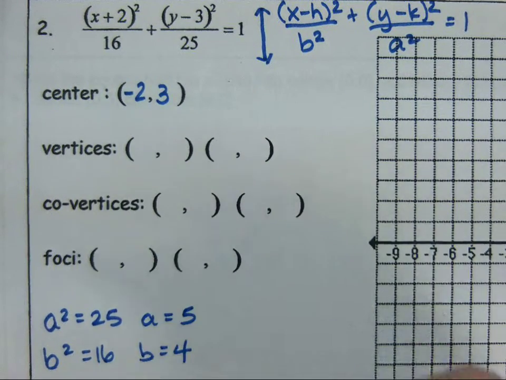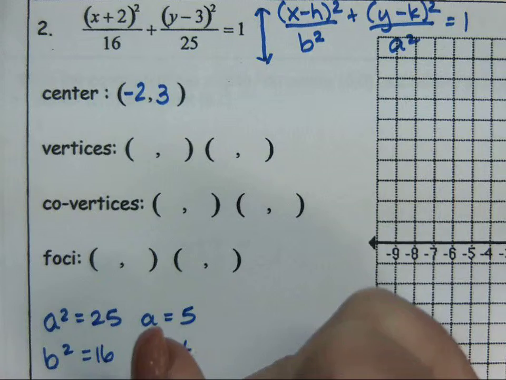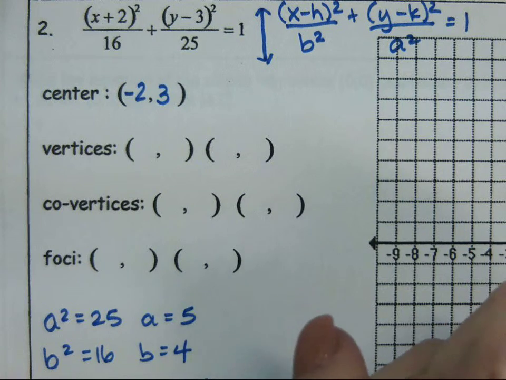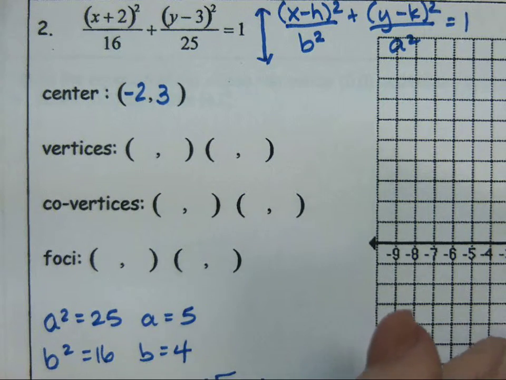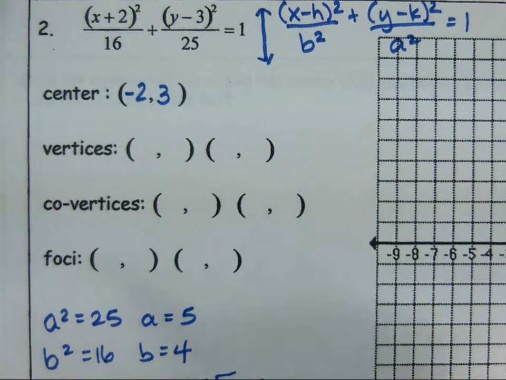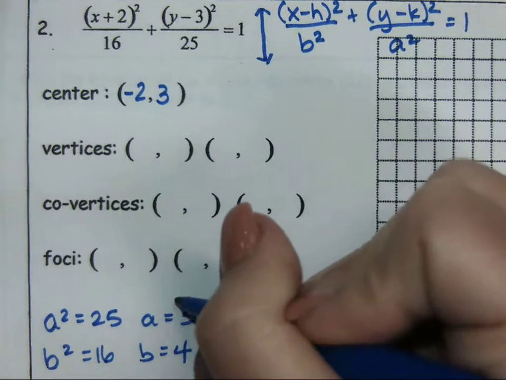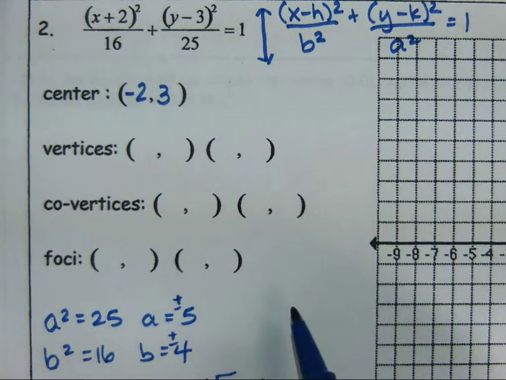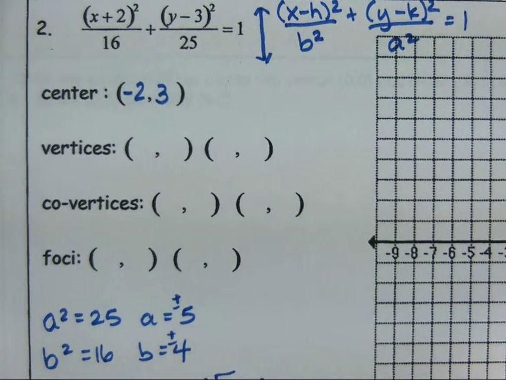Now, if we wanted to, we could find our foci or our c value. It's similar to the last one. And really, when I'm finding a, I should be doing the plus and minus just to show that I'm going both directions. I tend to leave the plus minus off because I know I'm going to move from the center to the right and the left, but it's up to you.